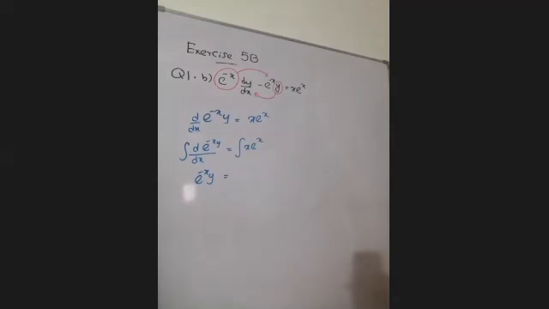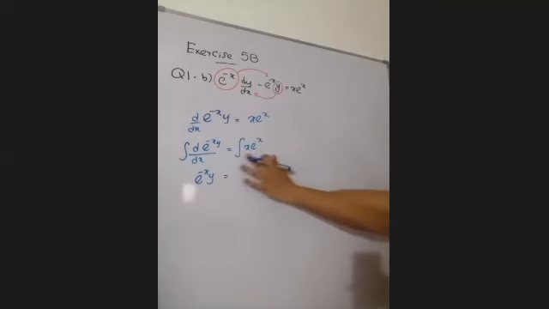To simplify the right side, we have to use integration by parts. Later on, when you are learning advanced integration, we learn this theory. For the moment, you have to memorize it like this.